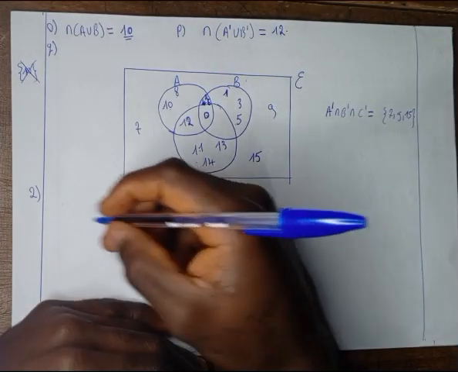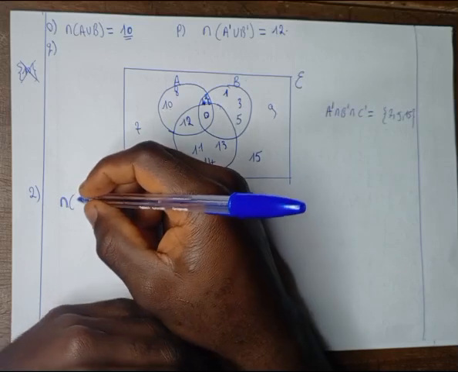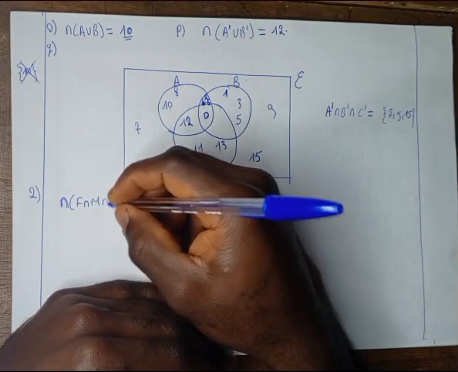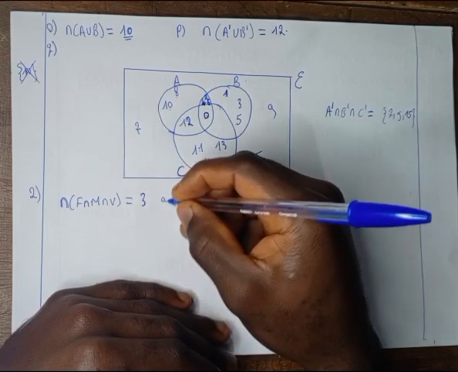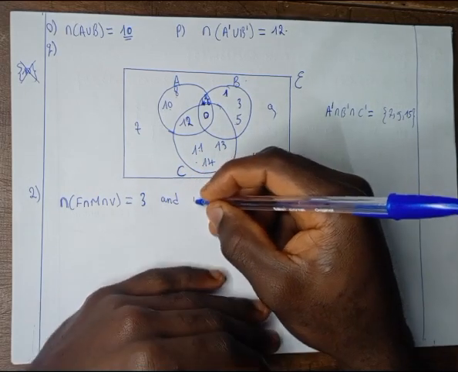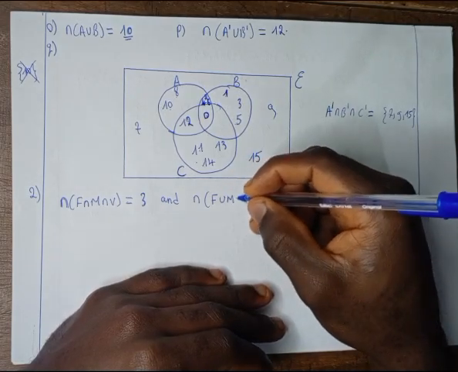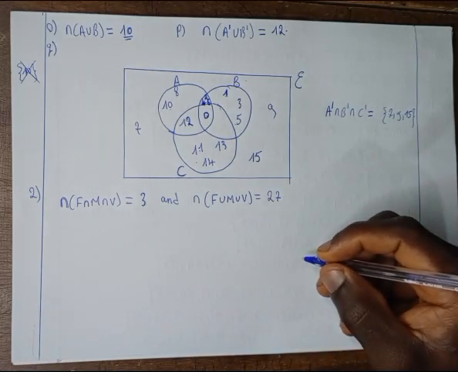First, we know that the number of times that the patient ate fish and meat and vegetable is equal to 3, and the number of times the patient ate fish or meat or vegetable is equal to 27.